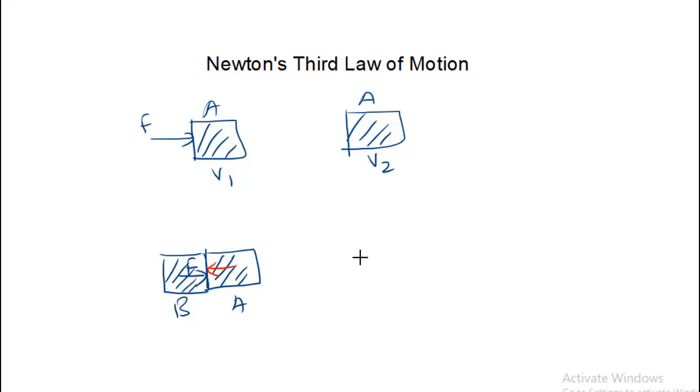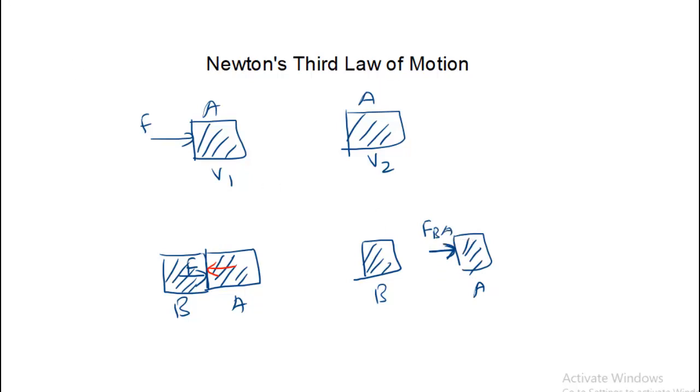More precisely, if I draw these bodies separately, like this, the moment at which A is acted on by the force from B, this is A, this is B, and this is the force acting from B to A, we write it as FBA.